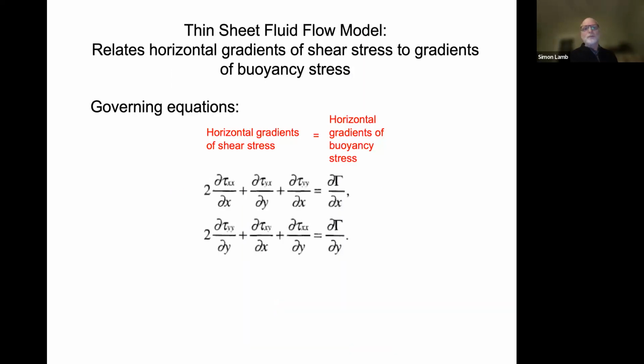And to do that, you have to have some sort of simplified model. So if you assume that the deforming zone is a thin, viscously deforming sheet, then you can use the governing equations of viscous flow, which is basically that the horizontal gradients of shear stress are balanced against the horizontal gradients of buoyancy stress.